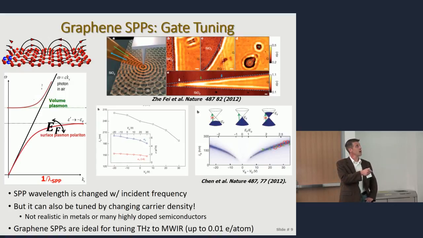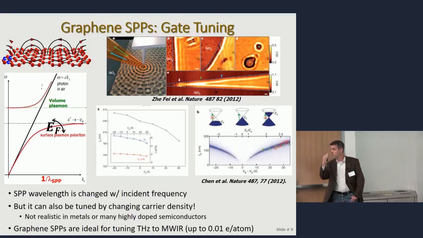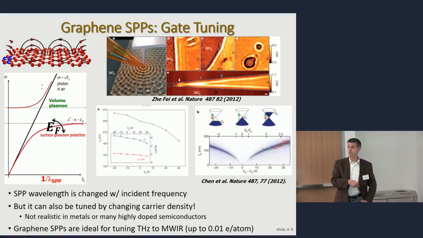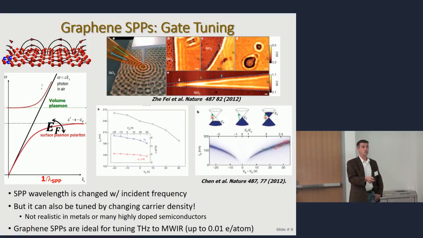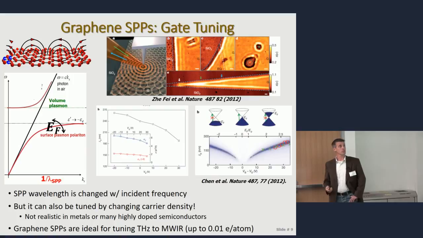So by sitting at a constant frequency and then changing the gate bias, they're effectively changing that Fermi energy, and then you're mapping out the change in the dispersion relationship as a function of that Fermi energy, right? So now you can get tunable plasmon wavelengths, and therefore evanescent extent and propagation lengths, strictly by changing the carrier density at the same frequency.